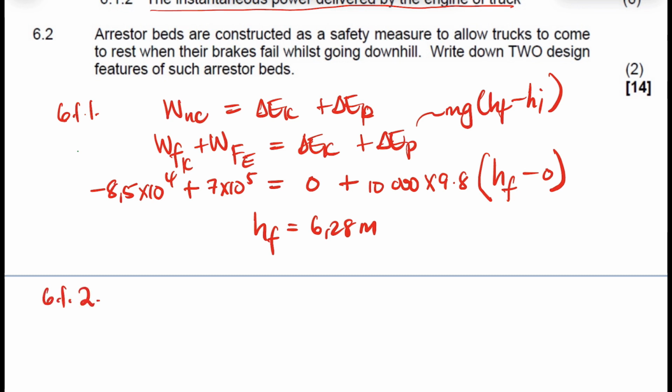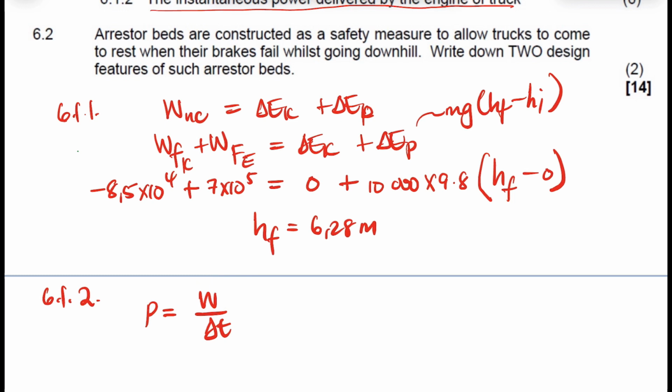So it's very important here to know that the formula for power is equal to W over change in T. So what will be the work here? It will be the work by the force of an engine of the truck, right?